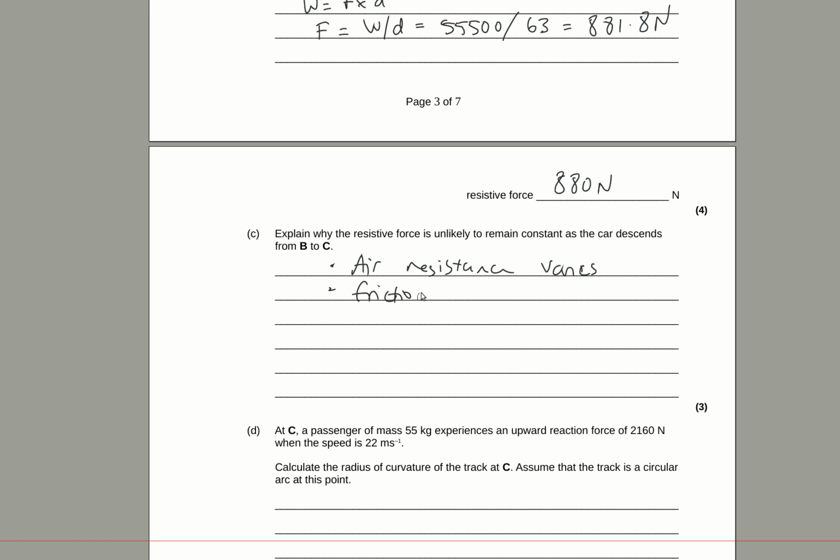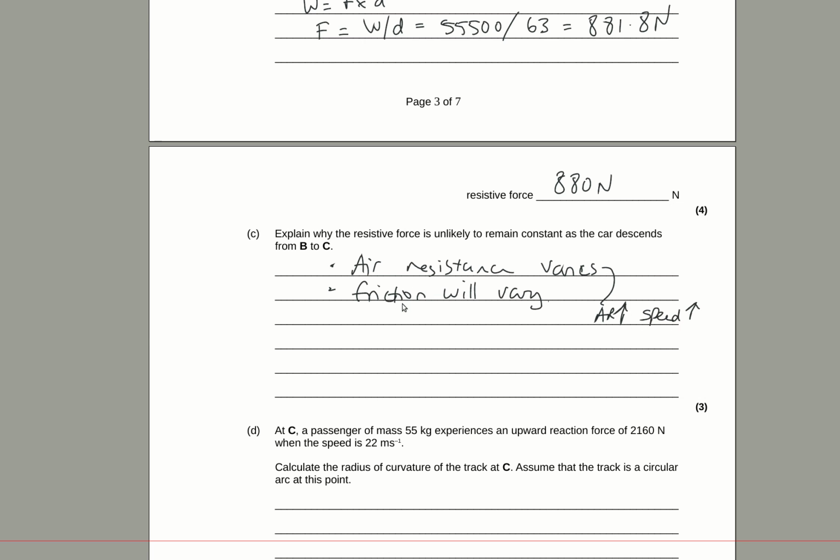We need to look at why that is in a minute. So there's 2 marks. Now your third mark is for explaining why one or other of those happens. Well, air resistance varies. Air resistance goes up as speed goes up, so that's easy to explain.